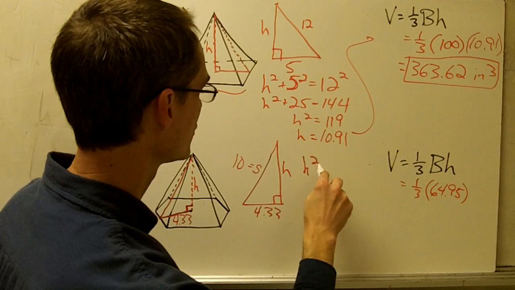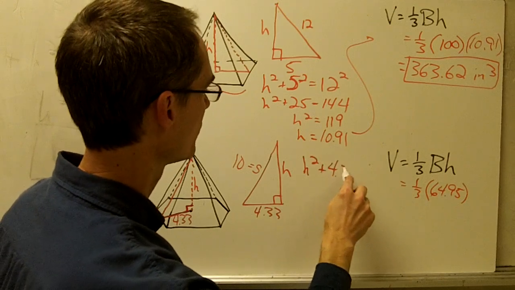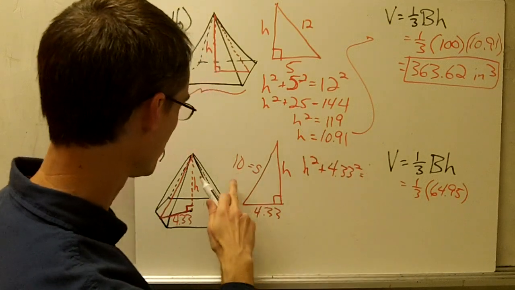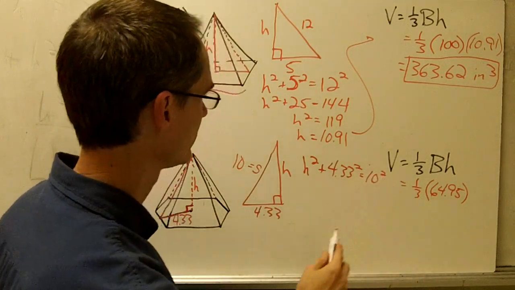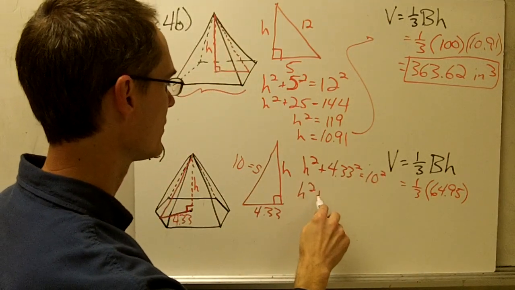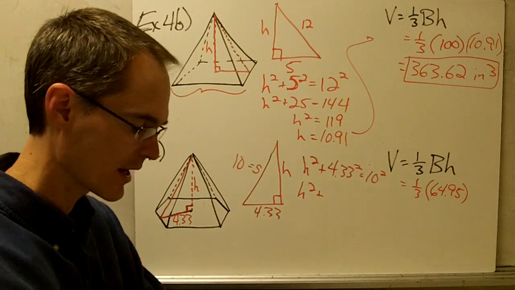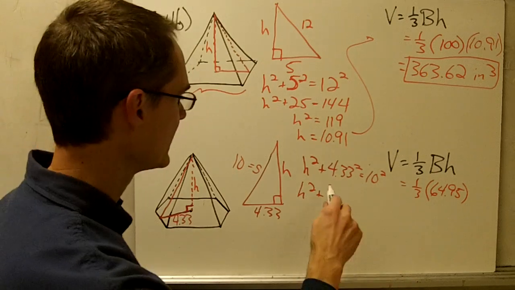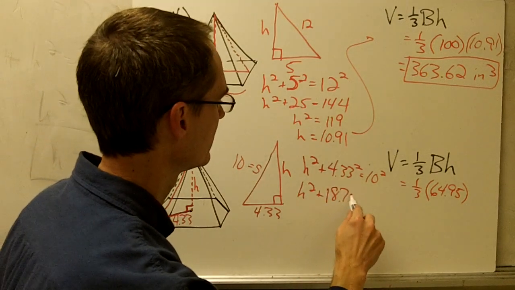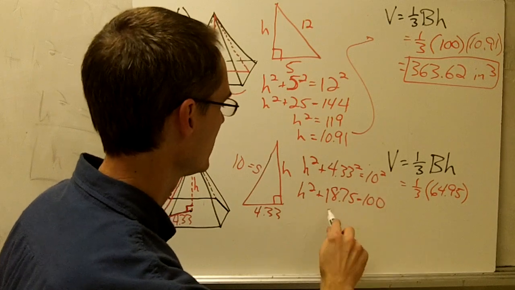So h squared plus 4.33 squared equals 10 squared. Now I just need to solve my Pythagorean theorem. 4.33 squared is 18.75, and that equals 100.